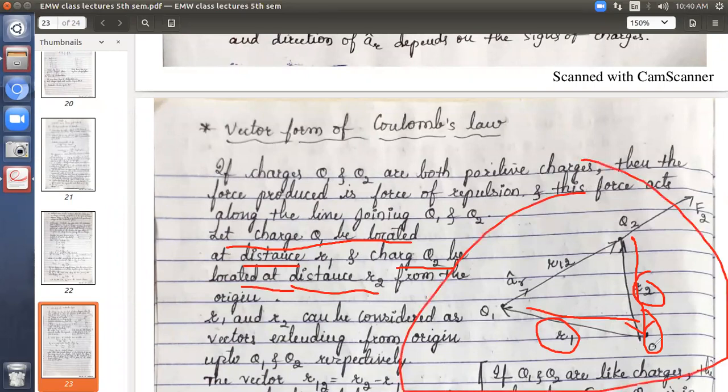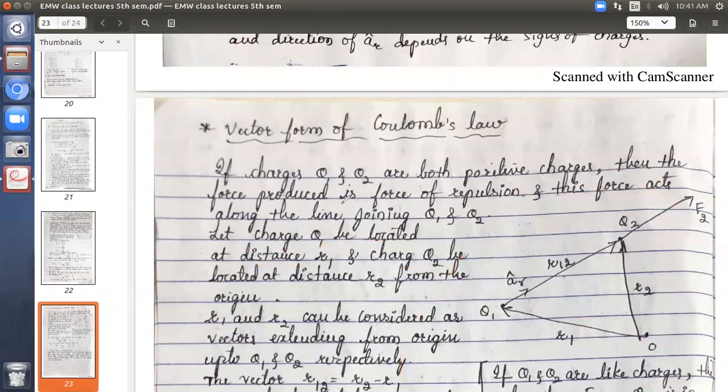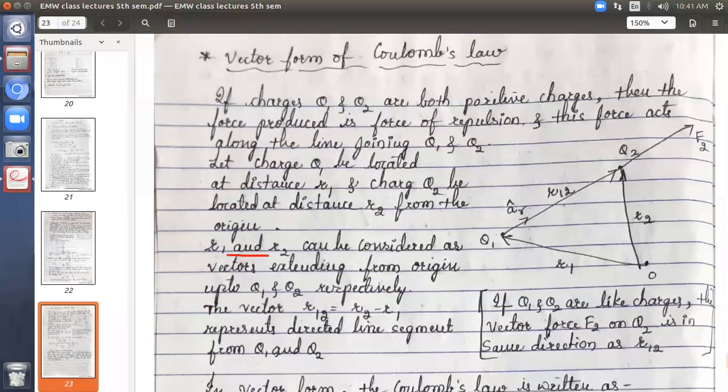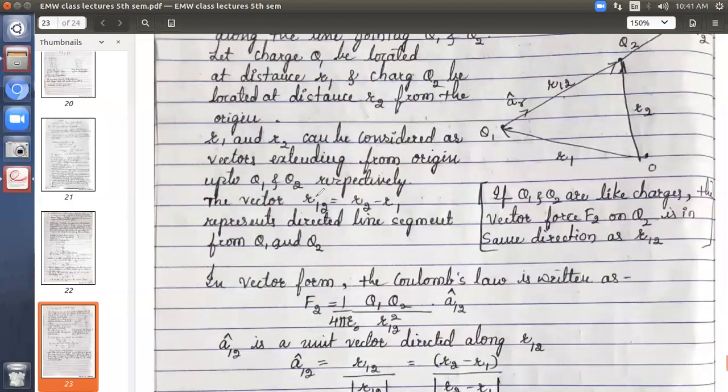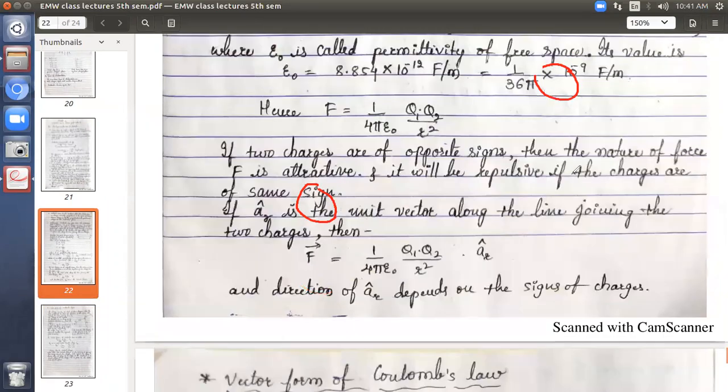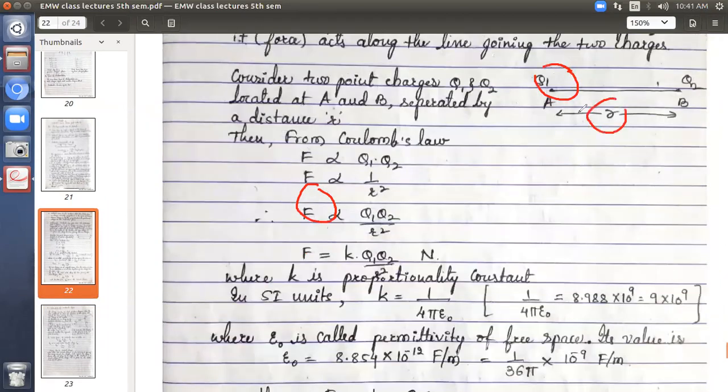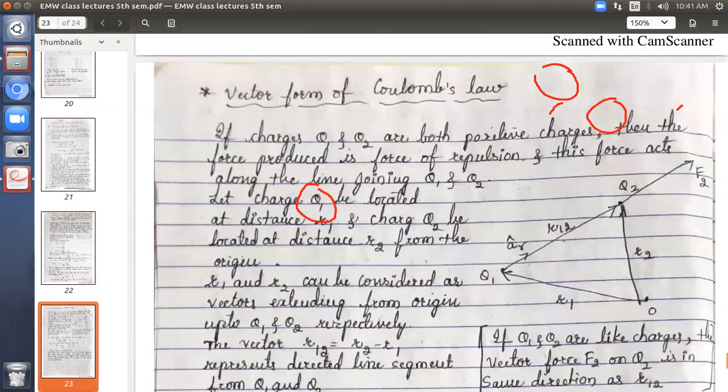Two charges separated by distances R1 and R2 from the origin. Now, R1 and R2 are the position vectors, extending from the origin. This I have already told you. Then, how to write the vector R12? R12 is whatever distance exists in between these two. According to Coulomb's law, we have considered R as the distance between two charges. Here I have taken R as it is between 1 and 2, so I have taken the suffix 1 and 2.